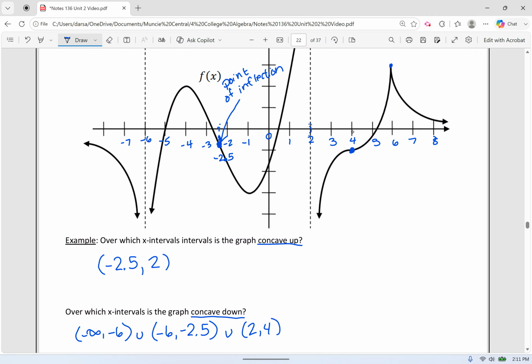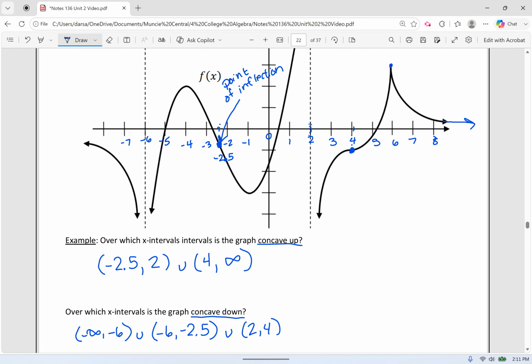So we're going to go all the way from x is 4 to positive infinity that this graph is concave up. Even though it kind of peaks at that spot, it's still up on both sides of it. So we're going to call that one individual spot concave up as well. So 4 to infinity is where this graph is concave up.